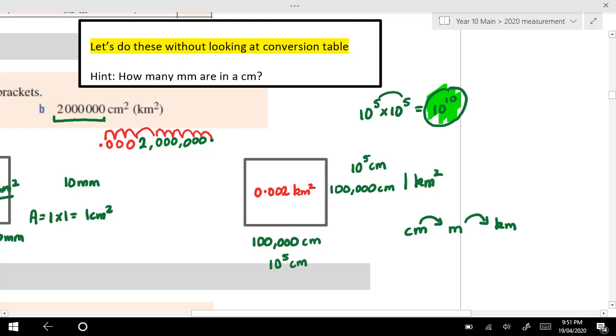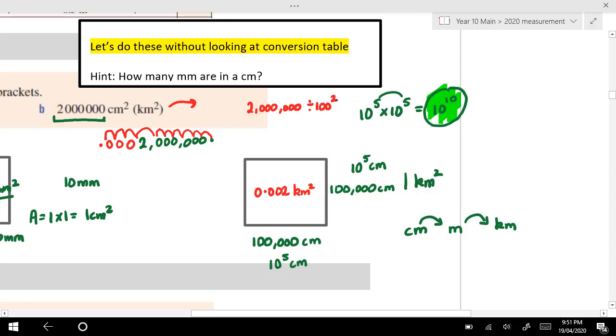I would suggest too, when you've got to go from centimeters squared to meters squared to kilometers squared, it's not as simple as just working out in one dimension. We're looking at area. So you might want to do 2 million centimeters squared, and then go from centimeters squared to meters squared, which is basically dividing by 100 squared.